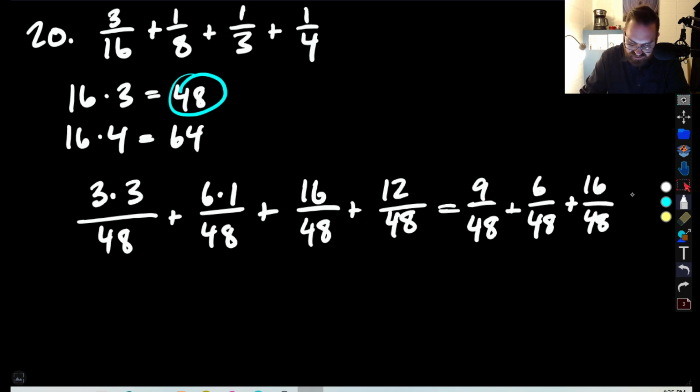And then lastly, we've got the 12 over 48. All right, so now all we have to do is add all those things up. We have 9 plus 6 plus 16 plus 12. 16 plus 12 is 28, plus another 9 is 37, plus 6. Hang on a second.